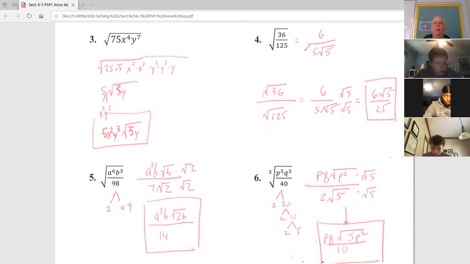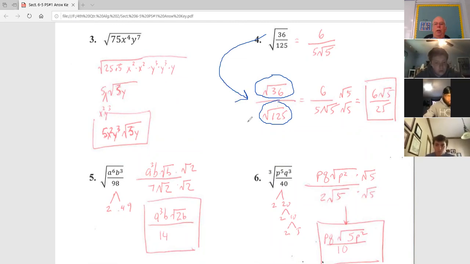So here's number 4. Remember I talked about on Monday, and this is those rules and properties at the top of the page, that sometimes if you rewrite this as 2 separate radicals, you see things that you don't see when it's written as it was originally given to you.